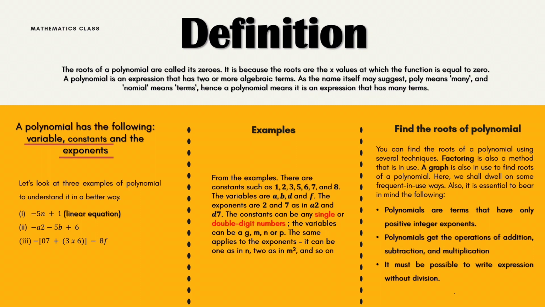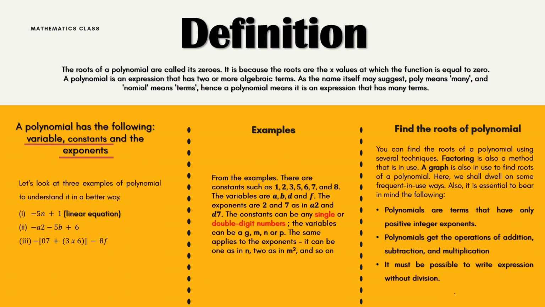The constants can be any single or double-digit numbers. The variables can be a, g, m, n or p. The same applies to the exponents. It can be 1 as in n, 2 as in m to the power of 2, and so on.